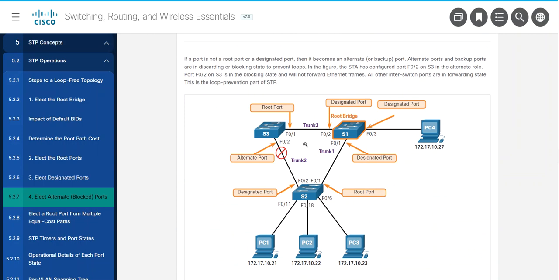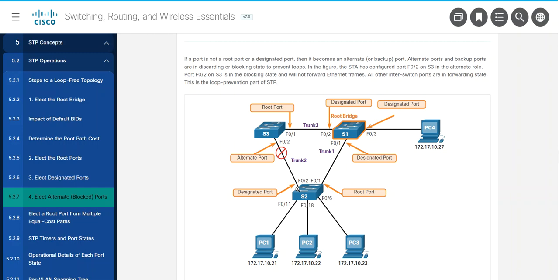And then with your alternate ports. So in this particular scenario right here, S2 and S3, you have to figure out one of these has to be designated and one has to be alternate. So in the S2 and S3, same thing.